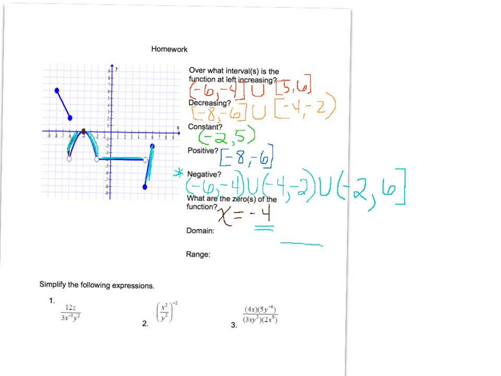If I want to take a look at domain and range, if we do the domain first, I'm going to transfer all of my points down to the x-axis. So I've got two solid dots coming from this first piece right here. Everything's connected in between them, so I can color them in. Then I'm going to take the dot on -6 down there at the bottom.